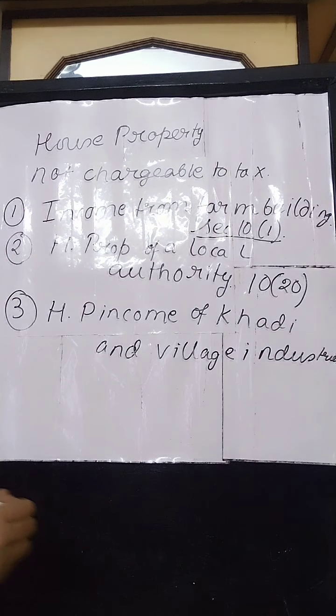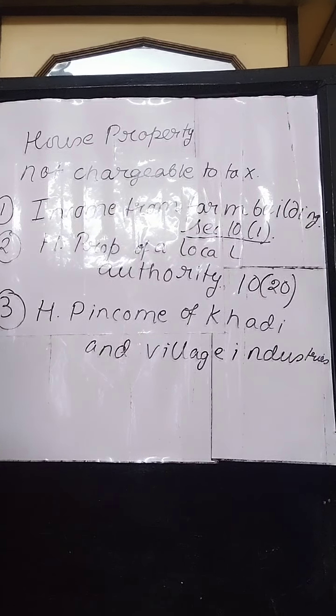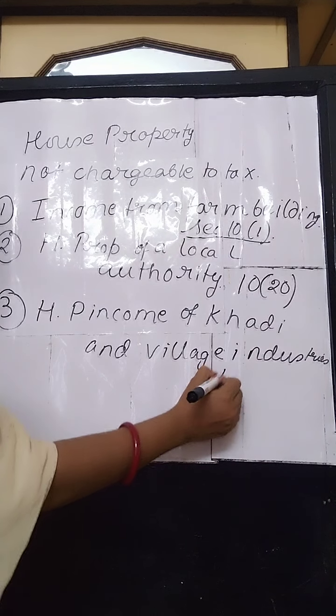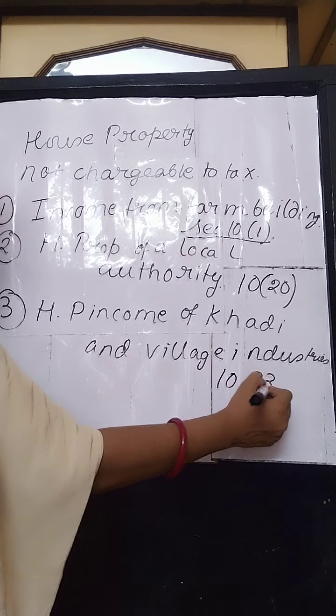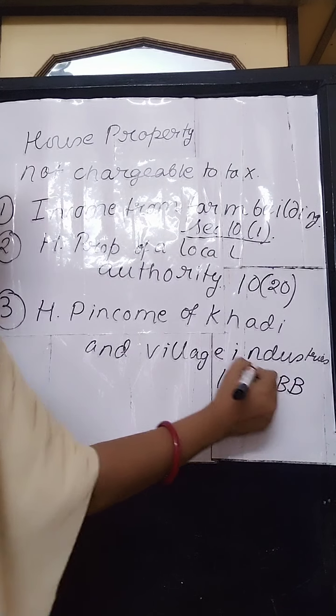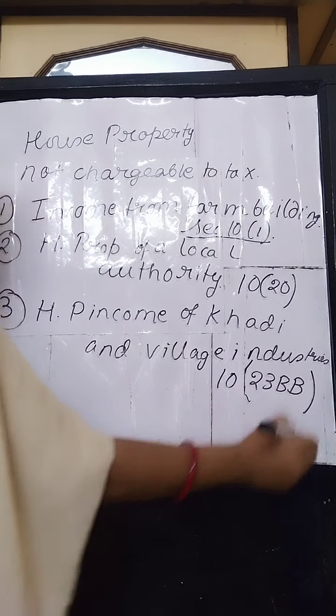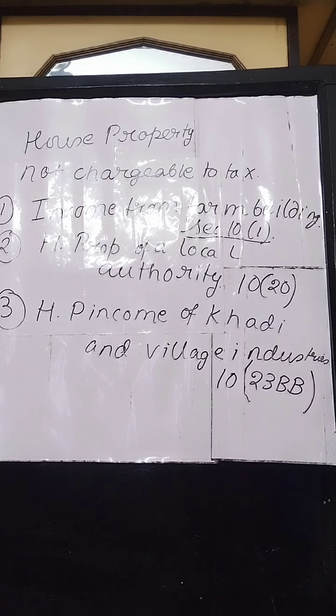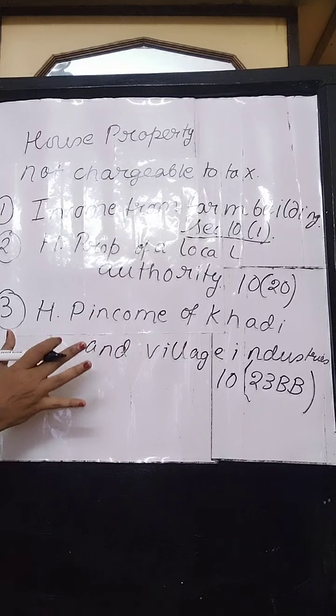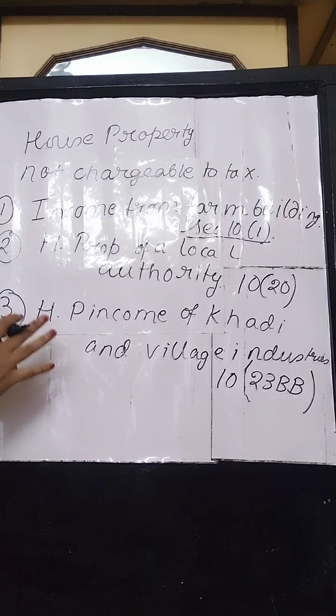These are also not chargeable to tax under section 10(23BB). Under section 10(23B), these are the subsections which are given in brackets. So these are the different house properties not chargeable to tax.